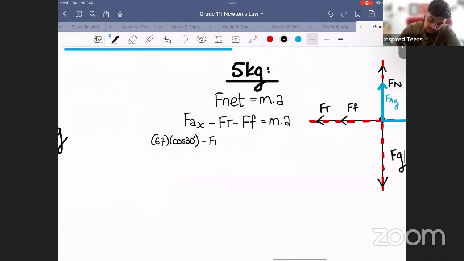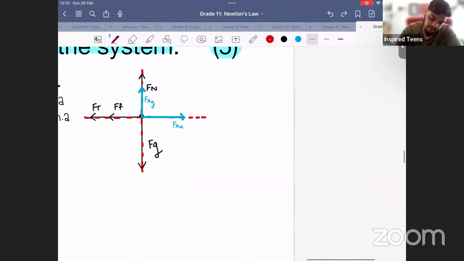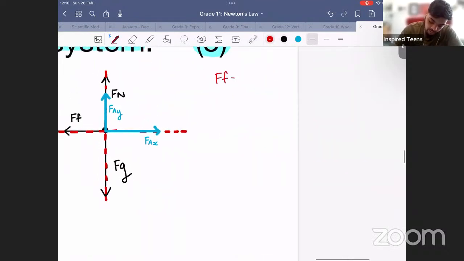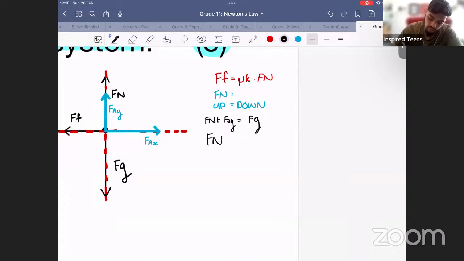So for F tension minus F friction, I have to calculate friction separately. FF is equal to mu K times F normal. F normal we get by saying up forces are equal to down forces. My up forces are Fn plus Fay, my down forces are Fg. Fn is equal to Fg minus Fay. Fg stays the same, 5 times 9,8.